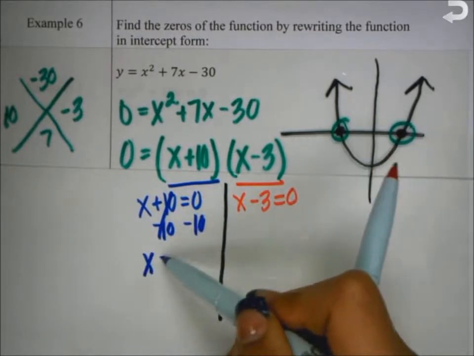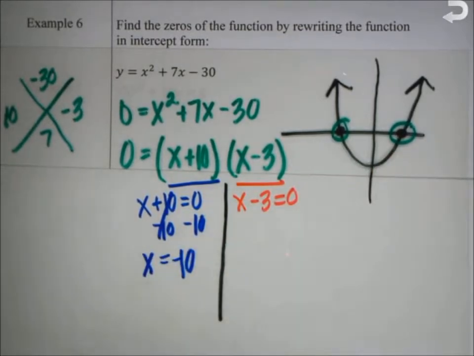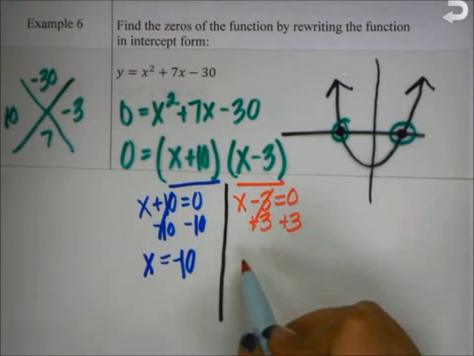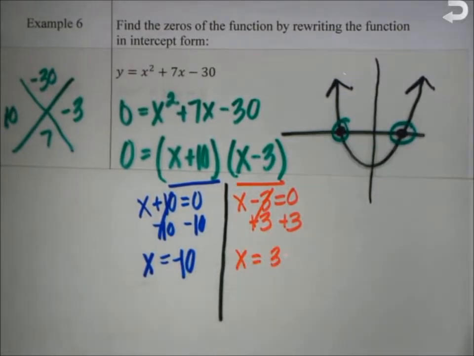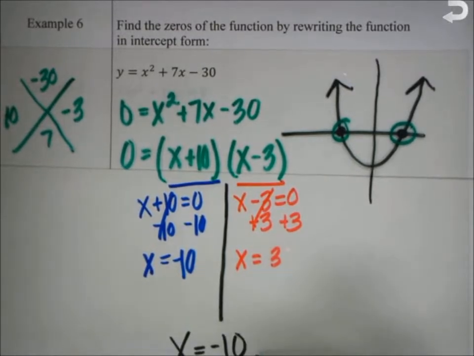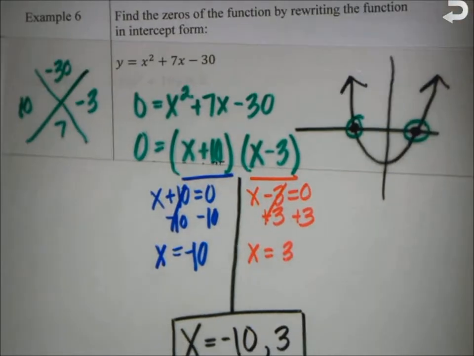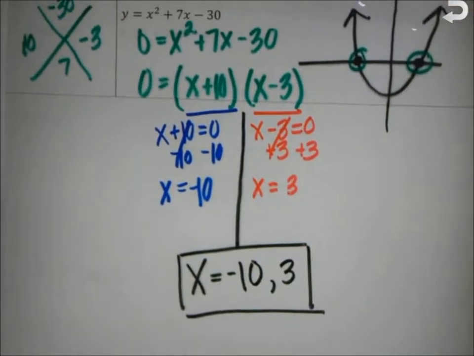So my two answers, x equals negative 10, x equals 3. And that's it. That's the only difference. The only thing that changed this time is that they gave you the actual function, and you have to recognize that what we're really looking for is the x-intercept. So we just set the y equal to 0.